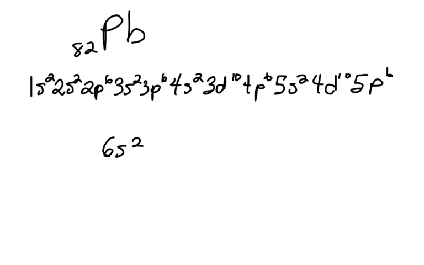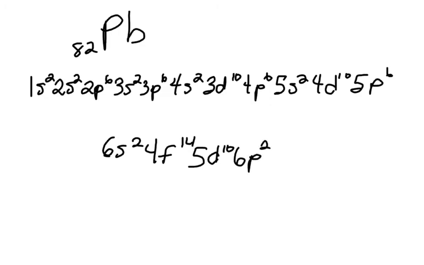Now, if you look at your filling order, at this point it goes into the F's for the first time. So it's 4f14. Then it goes back up to the 5d, so 5d10 and then 6p2.